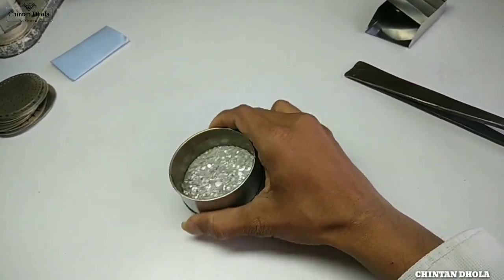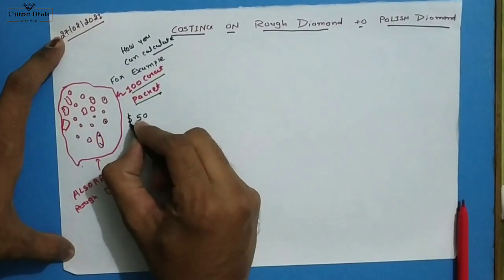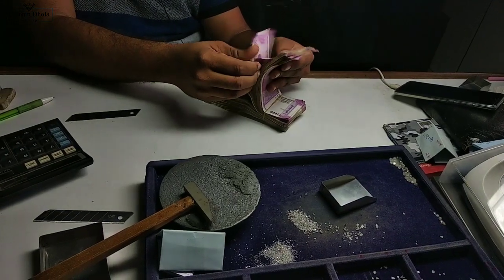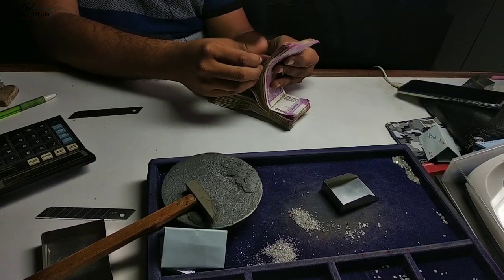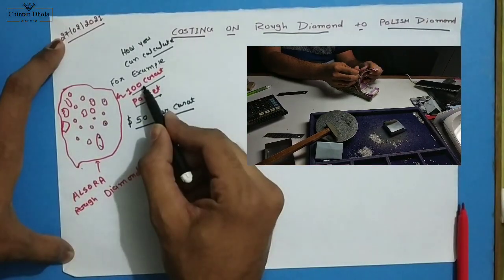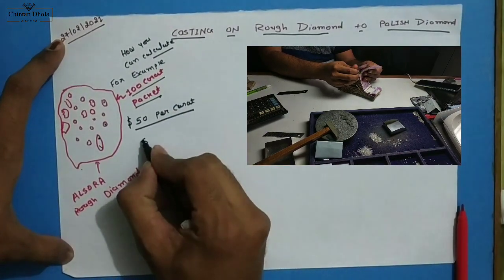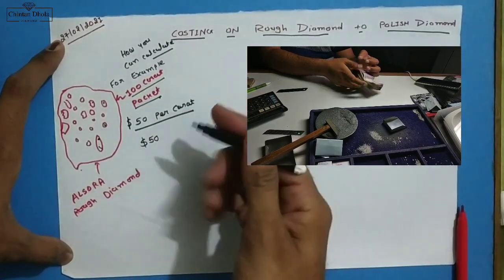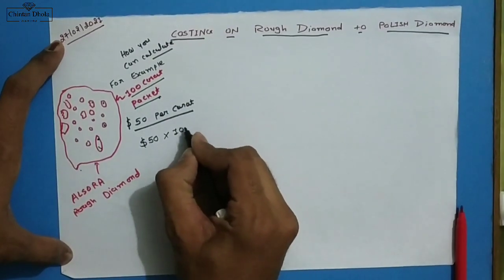This rough diamond I purchased at around $50 per carat. Now our price is $50, but this price is per carat, so we have to multiply by 100 carat: $50 per carat, $50 for another carat, $50 for another carat, and we have a 100 carat rough diamond, so multiply by 100.